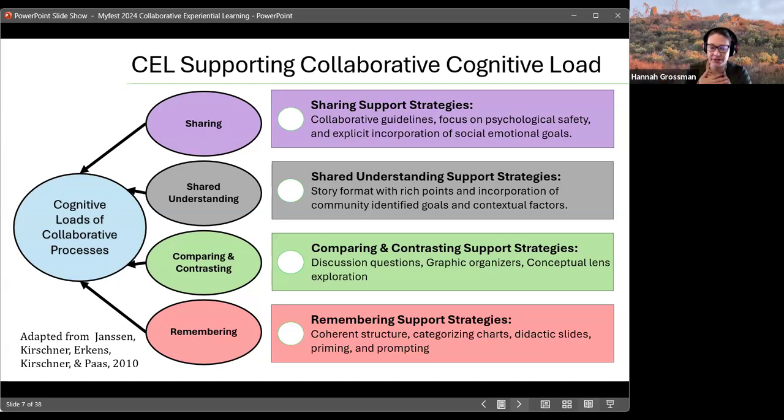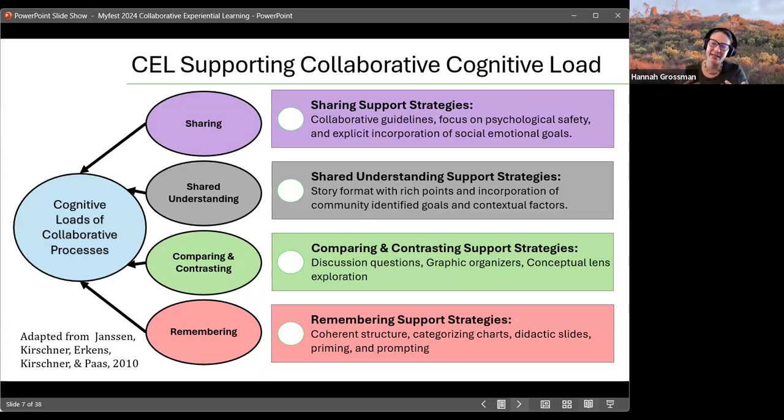Now, the third category I'm going to go into on cognitive loads of collaborative processes is the loads of comparing and contrasting. This is a category I added to Jensen, Kirschner, Erickson, Kirschner, and Paas's model.